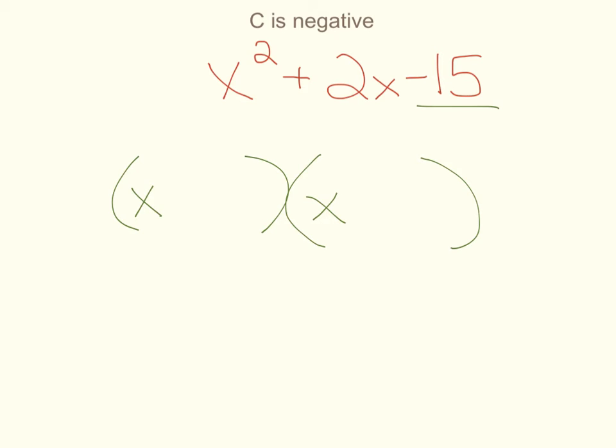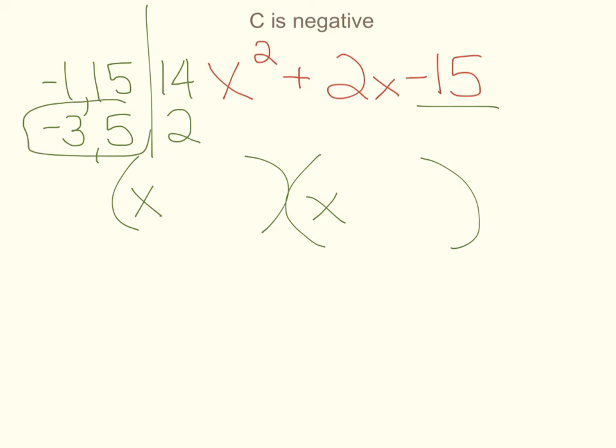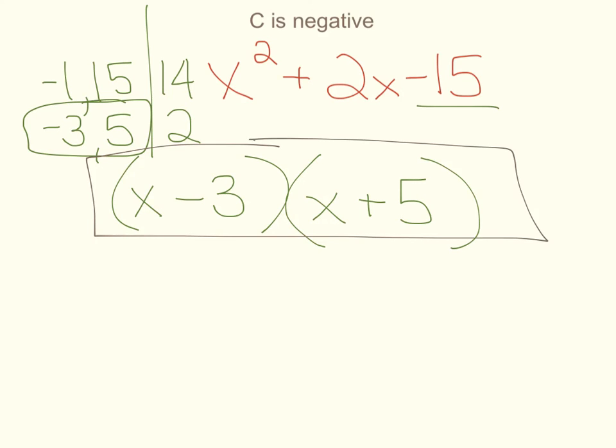The factors of negative 15 would be negative 1 and 15, or negative 3 and 5. The sum of the first set is 14, the sum of the second set is 2. So you know that your numbers would be negative 3 and 5. So we plug in x minus 3 and x plus 5, and this would be the answer to factoring this polynomial.